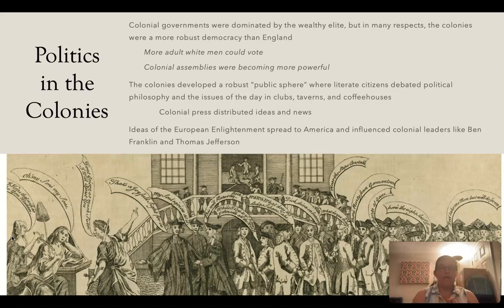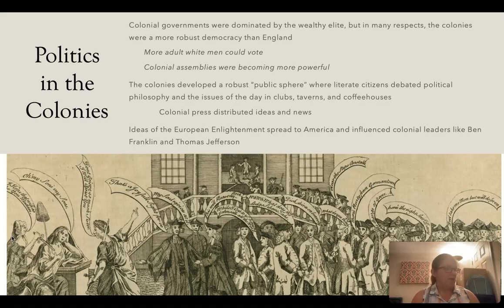Now, obviously, this led to colonial governments being dominated by wealthy landowners or merchants. And there's a strong culture of deference in some colonies where it's just assumed to be the natural order of things that wealth and education and social prominence meant that you had this automatic right to hold public office.